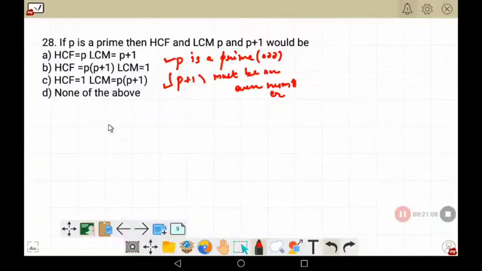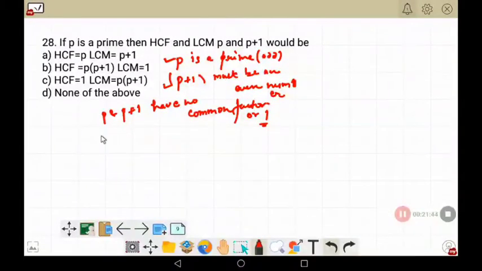We know that p and p plus 1 have no common factor other than 1, because p is a prime. Because p is a prime number and p plus 1 is composite, we will never get any common factor. So we know that p and p plus 1 have no common factor, or we can say we have 1.